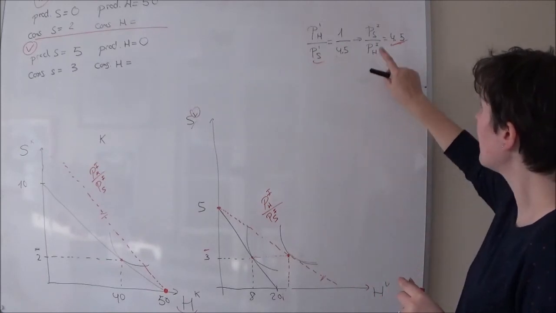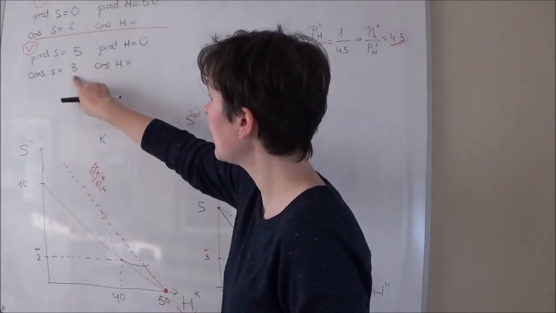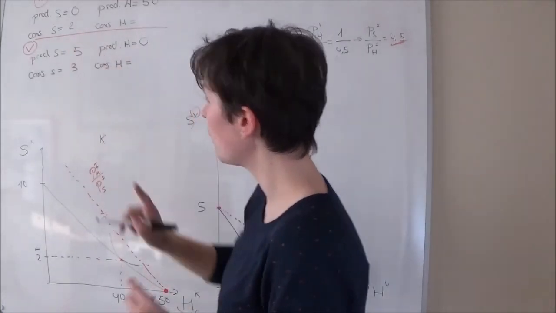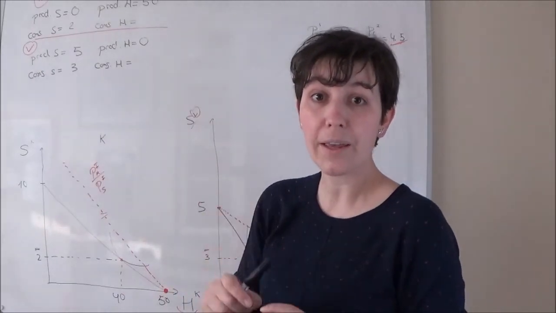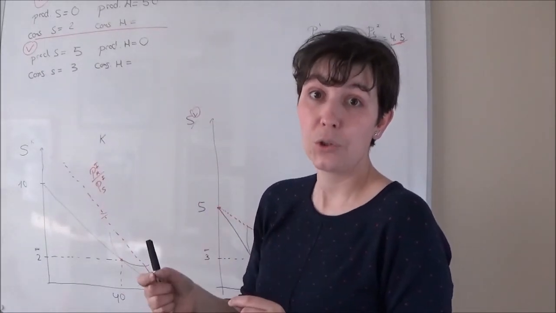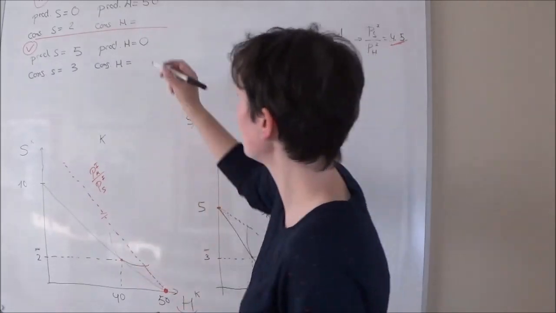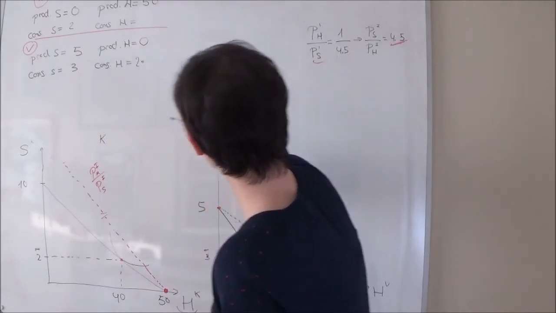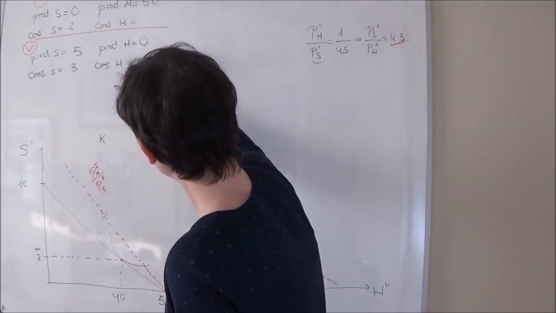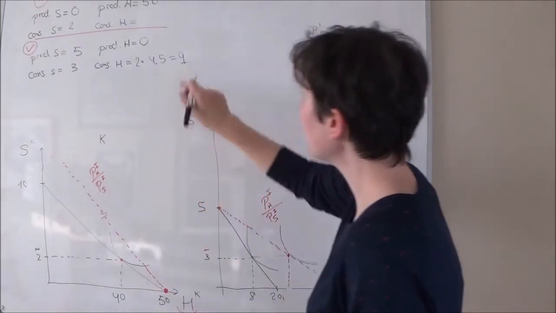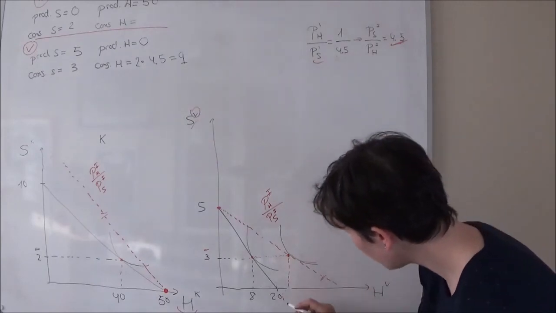So the consumption of helmet depends on my exports, which is 2. Take care of that, it's not 3. That is the thing that you are consuming. 5 minus 3 is 2. So production minus consumption is what you are exporting. So it's 2 times 4.5, which is 9. So that means that that economy is consuming 9 units of helmet.